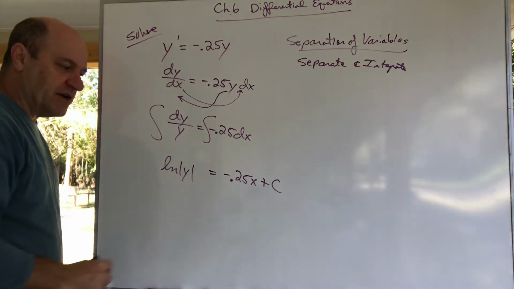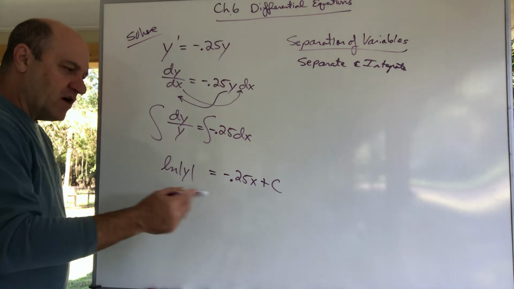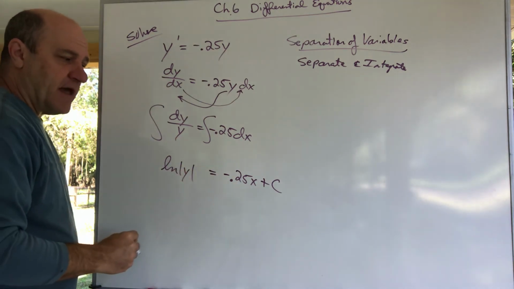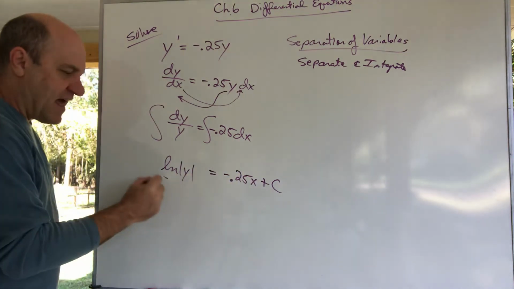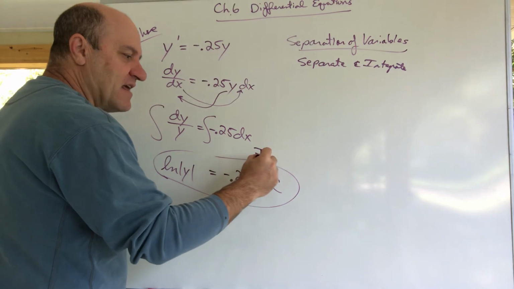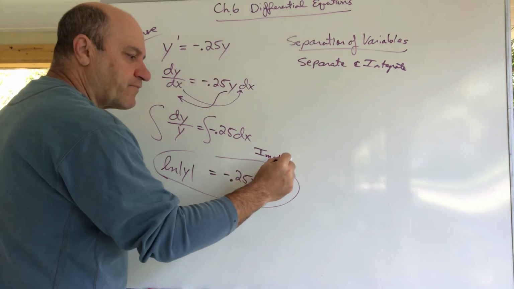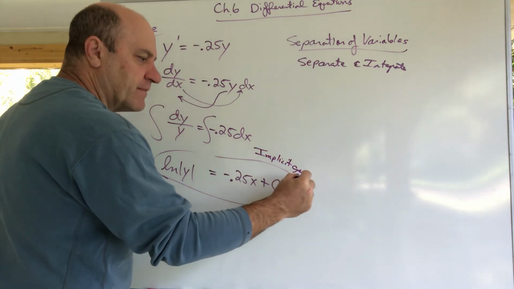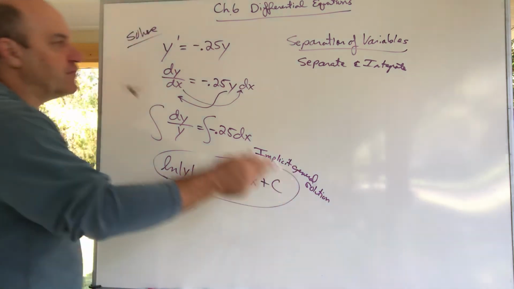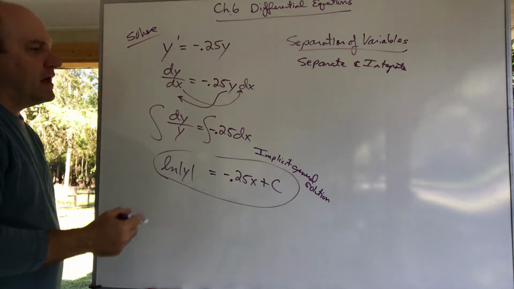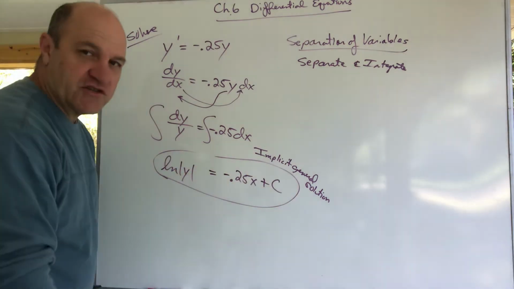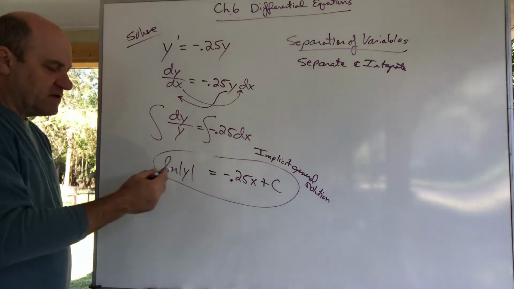There are some problems where they stop here and circle it and say that's your answer. If I did that, I would call it an implicit general solution. This is a general solution of the differential equation, but it's an implicit general solution because we haven't solved for y. Okay, let's solve for y.